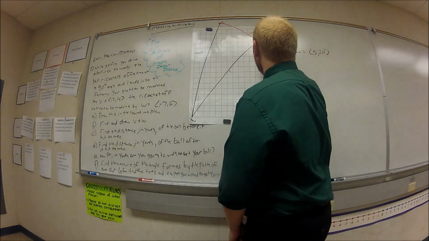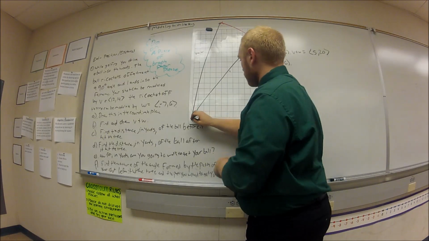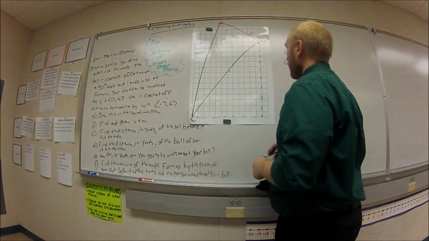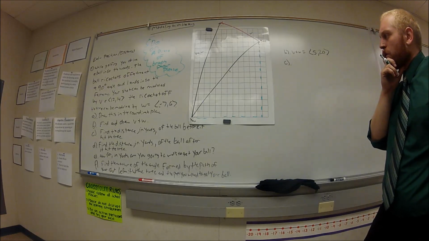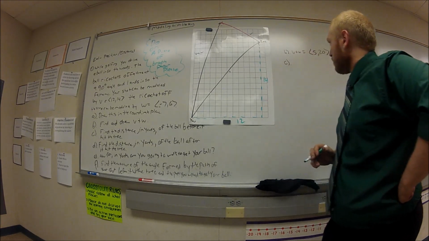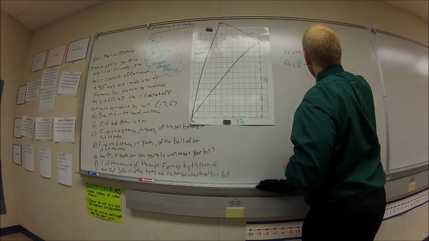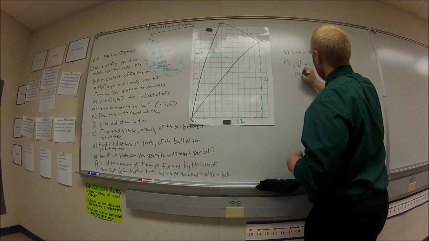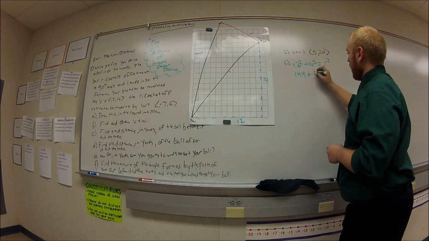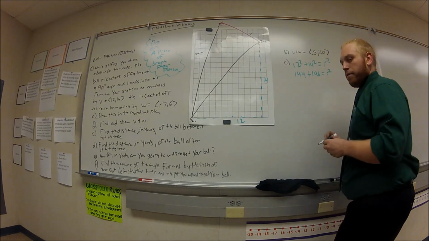Let's think about it. The magnitude of v. Well, if you thought about a triangle here, think about a triangle there. Well, let's think about it. This part's 12, that part's 14. Do the Pythagorean theorem. 12 squared plus 14 squared equals r squared. That's 144 plus 196 equals r squared.